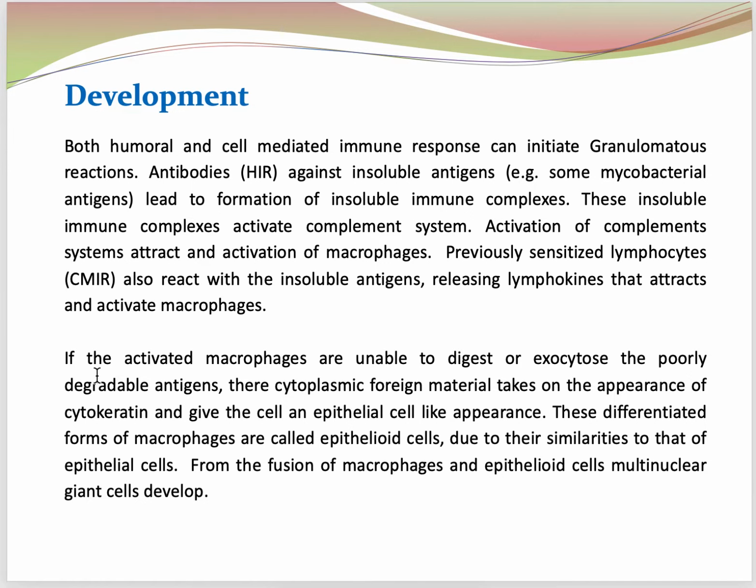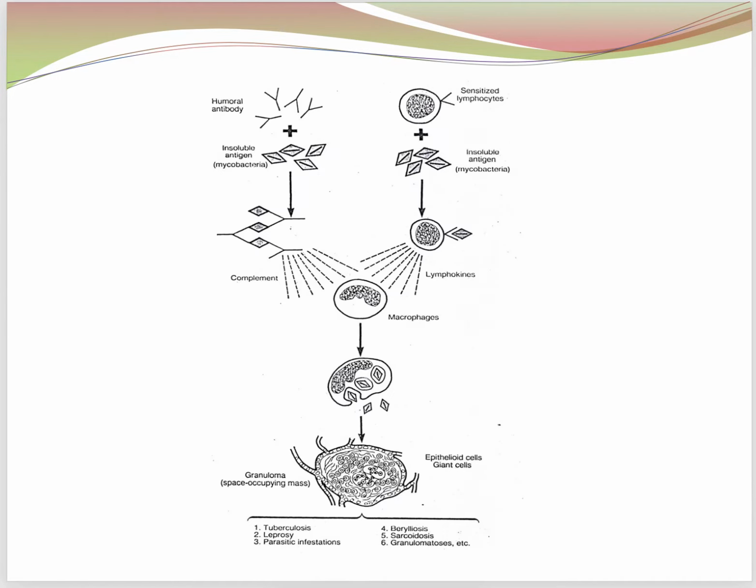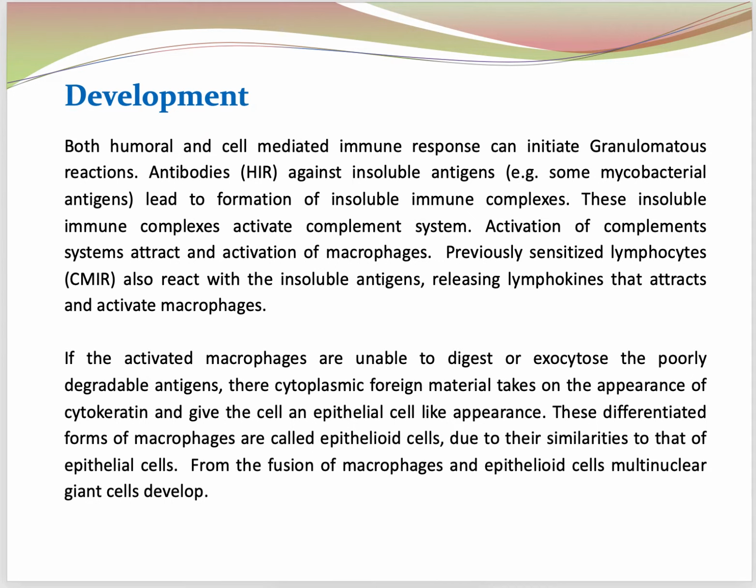So if we can visualize these events in a cartoon way, this figure shows the step by step events that occur during granuloma formation. We already know that granuloma formation can be mediated by both humoral and cell-mediated immune response.